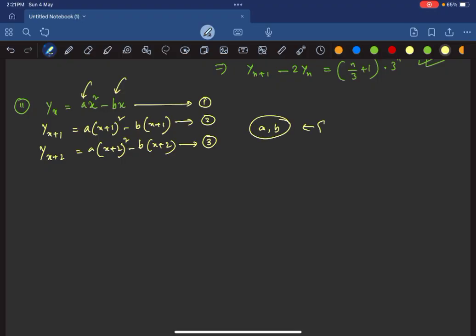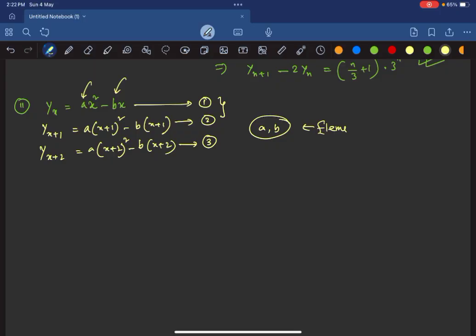So these two, a and b, you need to eliminate. One way is to solve any two of these three equations. That means you take either 1 and 2, or 1 and 3, or 2 and 3.